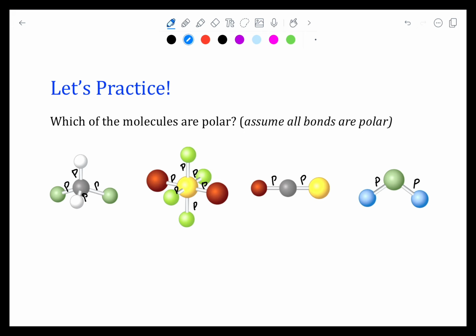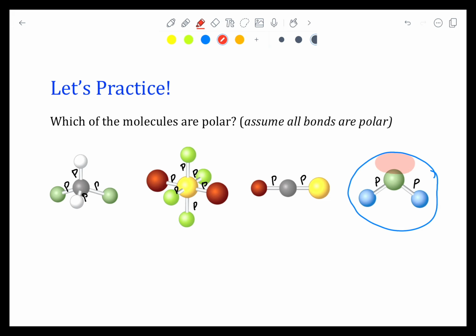Okay, so I think our most obvious polar one is going to be this one, because it is the least symmetric out of all of the other molecules. So if we think about it, if these are polar bonds, we don't know which one is more electronegative, but we can assume maybe the larger of the two atoms is going to be the more electronegative atom.